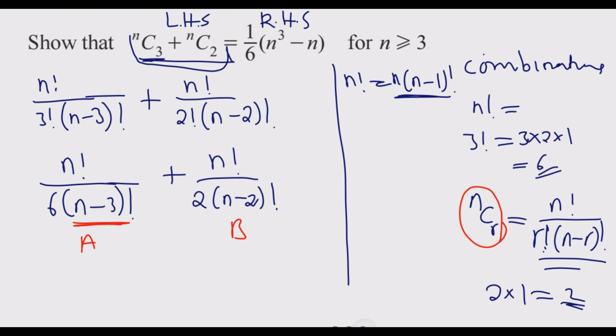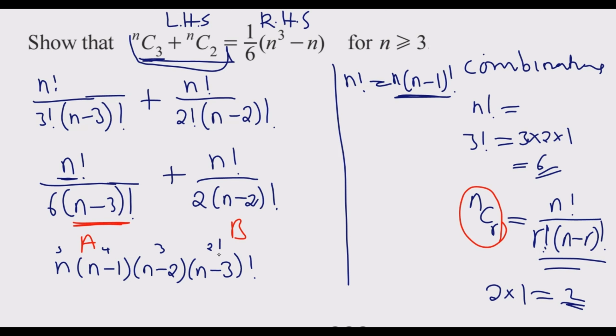For A, it will be n multiplied by n minus 1, then multiplied by n minus 2, then n minus 3 factorial. It's the same as just this factorial. So if n was 5, this is going to be 5, this is going to be 4, this is going to be 3, then this will be 2 factorial, which is the last one.